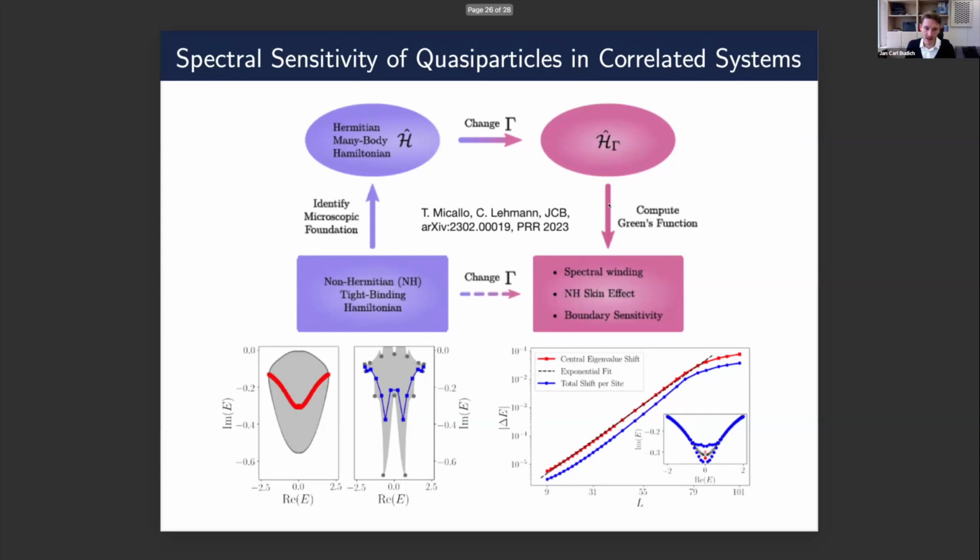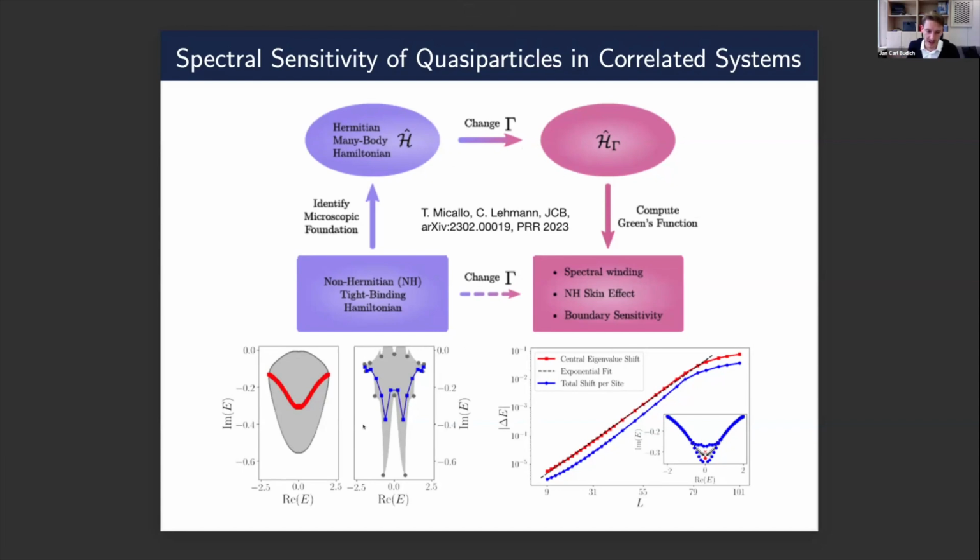We could then see whether, in a fully microscopic many-body system, all these effects that the spectrum of the two-point function or quasi-particle properties show, these extreme effects and sensitivity to small couplings and changes of boundary conditions, also occur there.